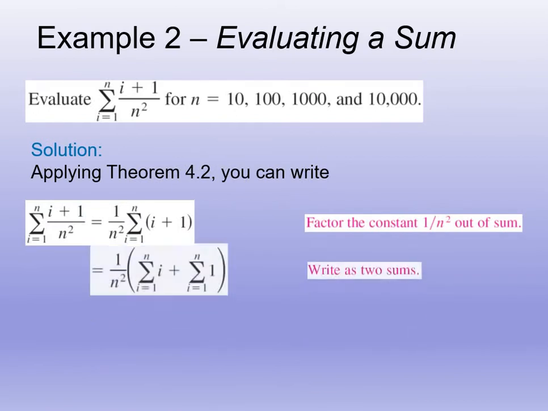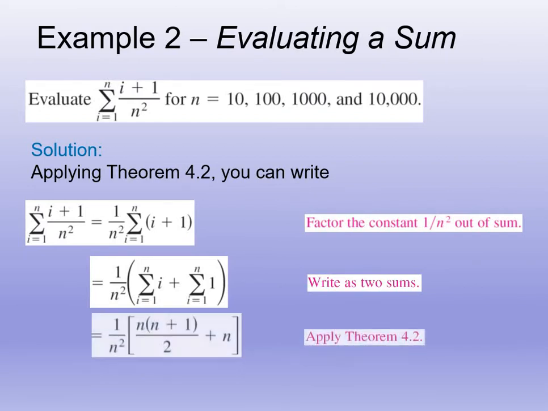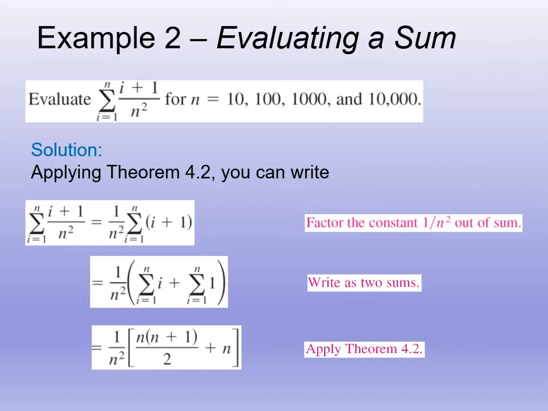So when we rewrite as two separate sums, I'm going to replace the sum from i equals 1 to n of i with what I have from theorem 4.1, which is n times n plus 1 divided by 2. And then I'm going to replace the summation from i equals 1 to n of 1 with n.